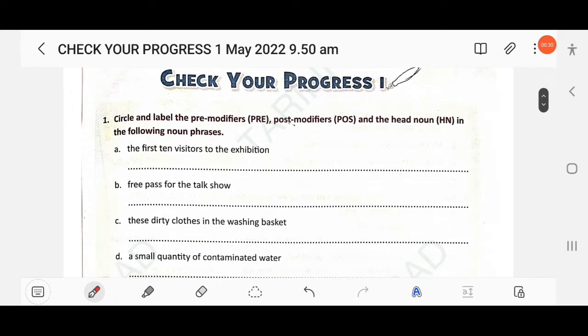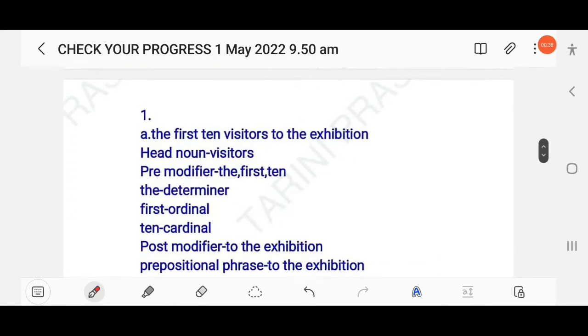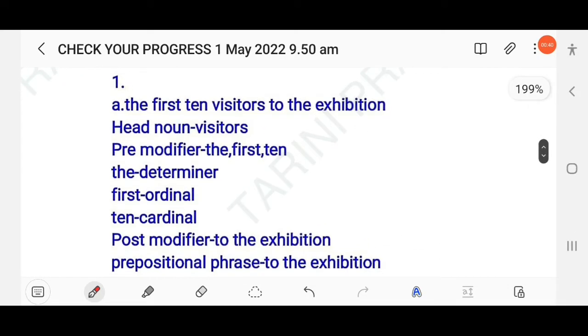The first 10 visitors to the exhibition. Here the head noun is visitors, and the pre-modifiers are the words used before the head noun.